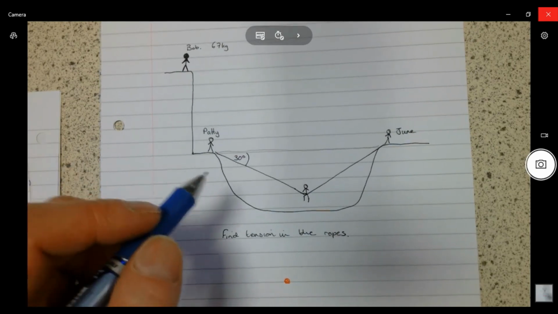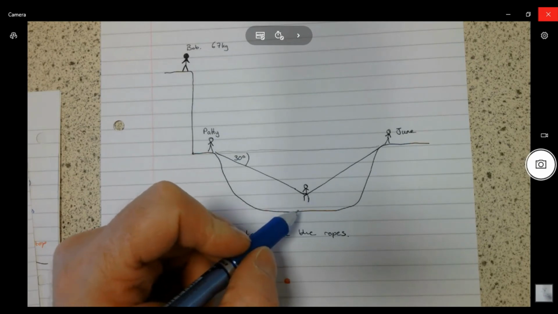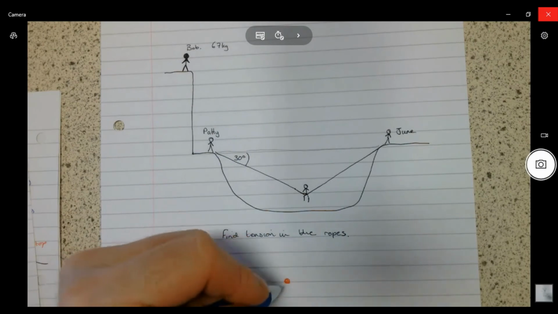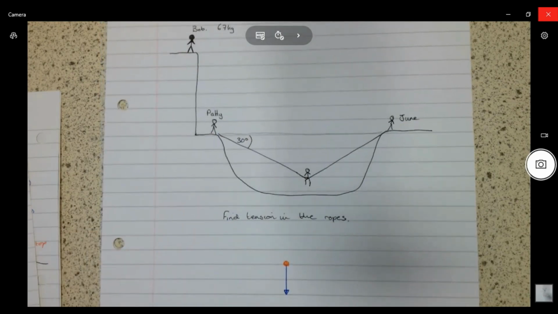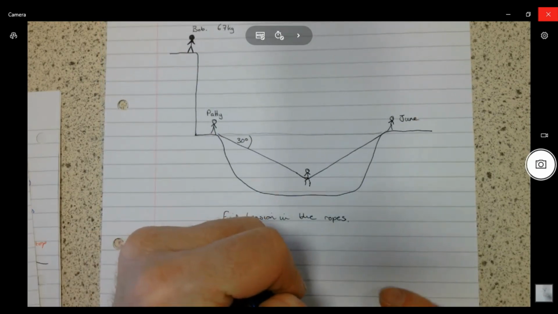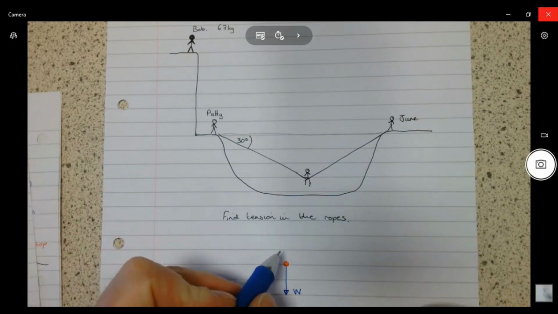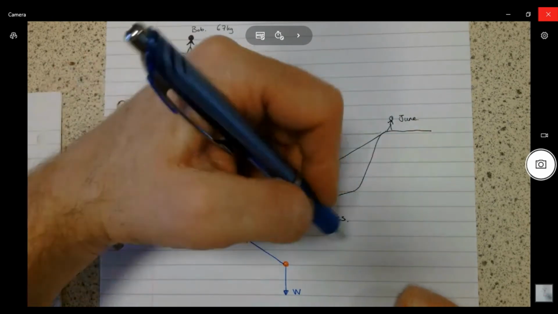Maybe he was just split in half completely, and all that was left is his head, which is now rolling around in the bottom of the pit. Bob has weight. That weight has to be supported, if he's stationary, by the tension in two ropes.